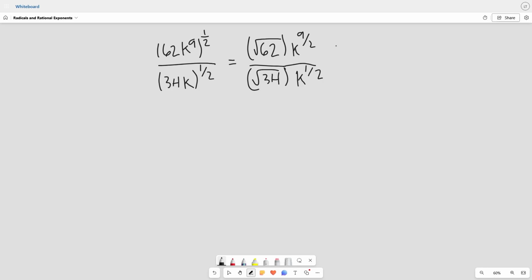Now, I want you to notice something about these radical expressions here. So both of them are divisible by 2 on the inside. The radicand is divisible by 2. So what we can actually do is we can use the product rule. We can go ahead and pull out a square root of 2.